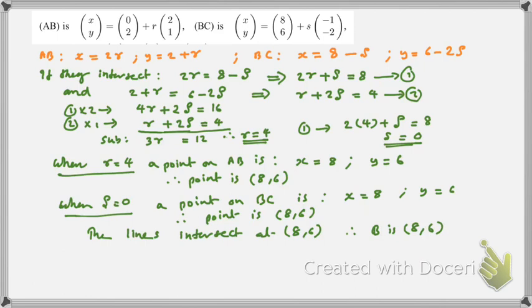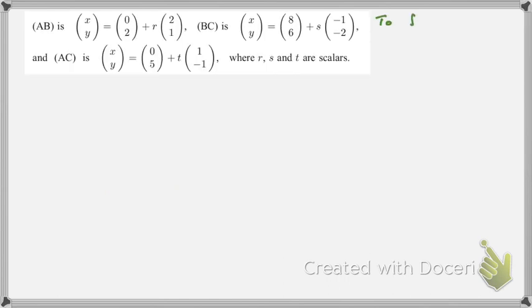Now we have the other two lines left to find C. So to find C, we consider the two lines BC and AC.